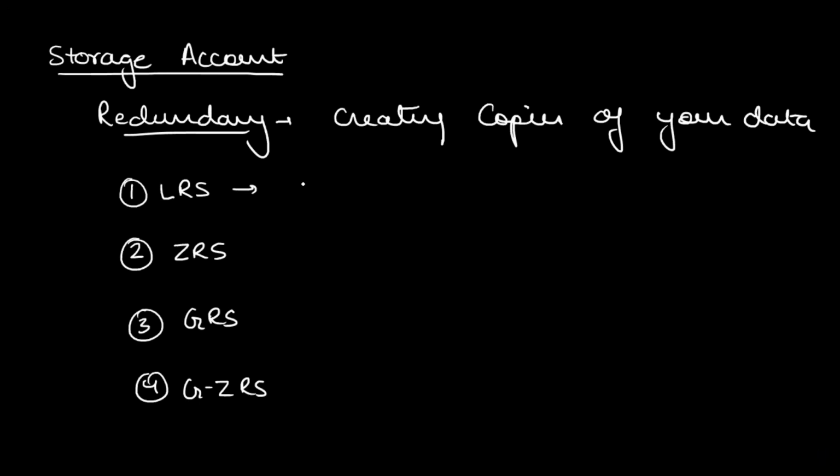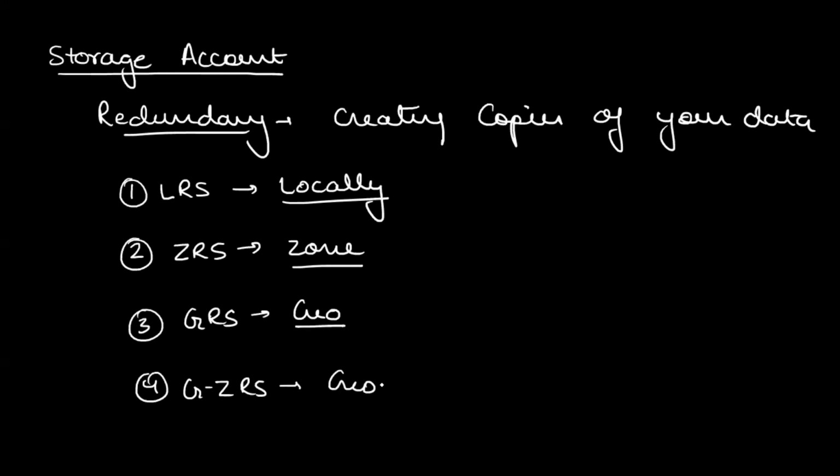LRS stands for locally redundant storage. ZRS stands for zone redundant storage. GRS stands for geo redundant storage. And GZRS stands for geo zone redundant storage. All right.